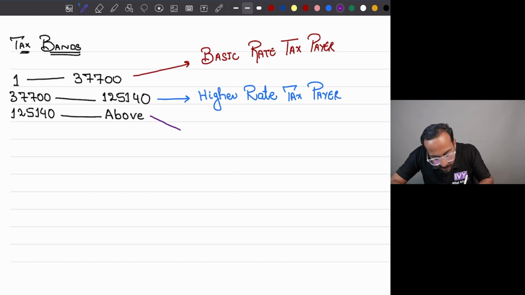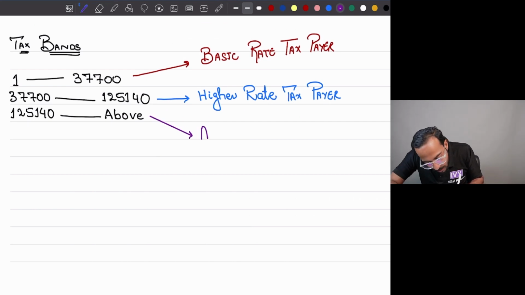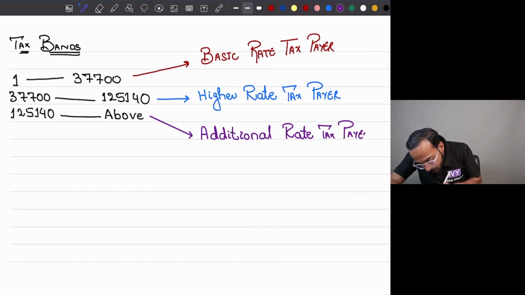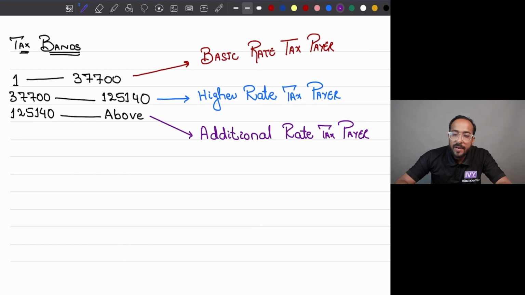Then that person will be called an additional rate taxpayer. I believe you are getting all my points. There should not be any confusion regarding the status of the taxpayer.